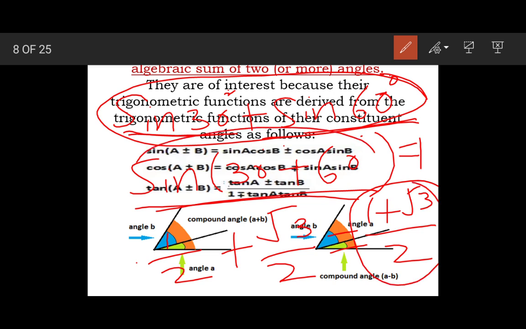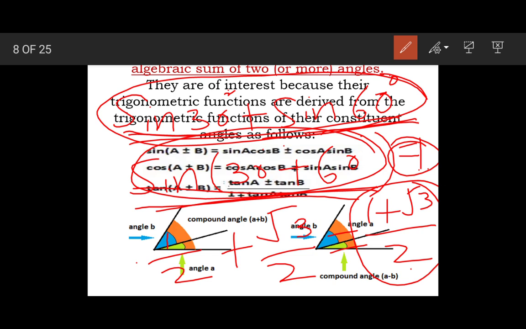But for sine 90 degree, the answer is 1. So the right hand sides are different. The answer is different for sine 30 plus sine 60 and for sine 90 degree. Therefore both the terms are not the same. Both are totally different terms.